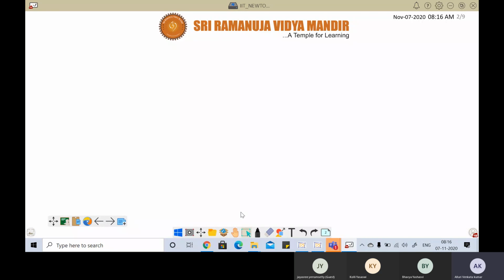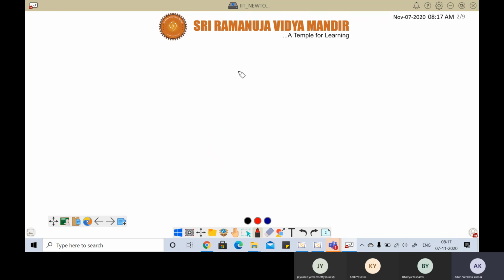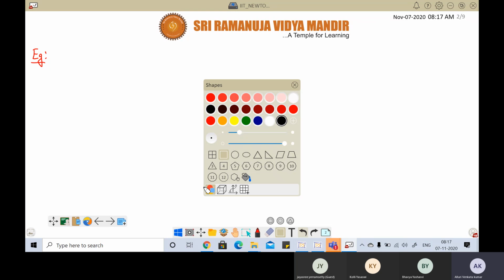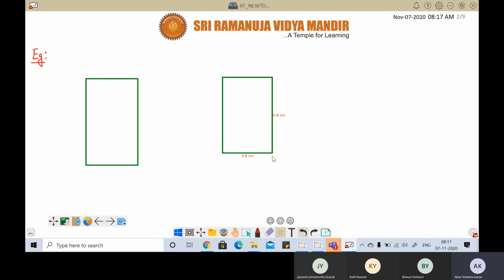Okay. So now let us see today some problems on normal reaction and gravitational force. Suppose there are three lifts: lift 1, lift 2, and lift 3.